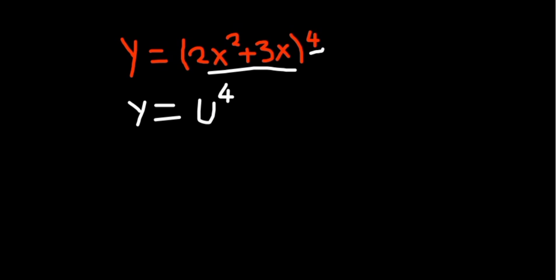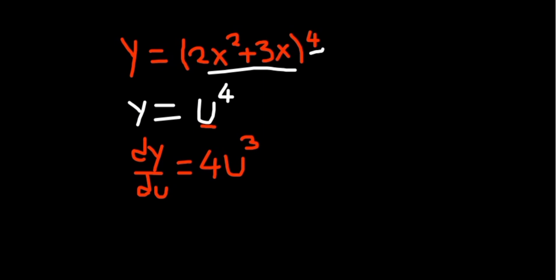When you differentiate this part, it's going to be dy with respect to u, so dy/du is equal to 4 times u. Then of course, according to differentiation, the power is supposed to reduce by 1, so it will be u to the third power.